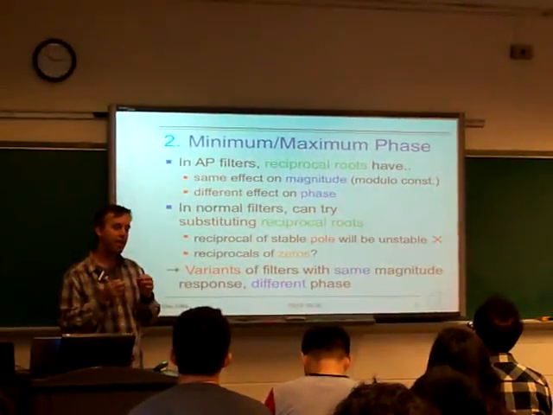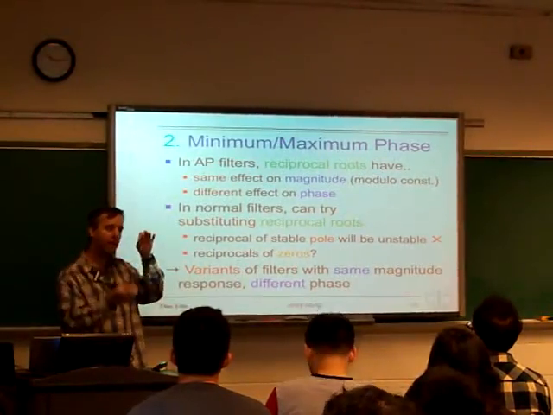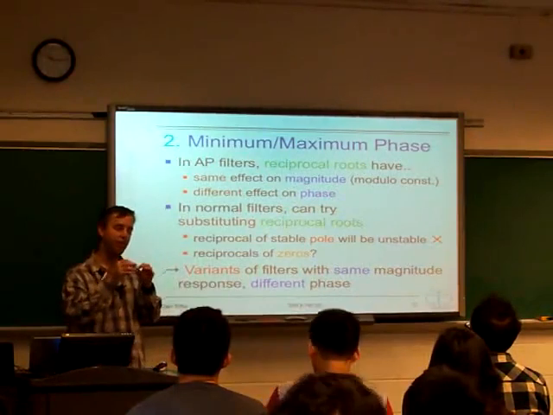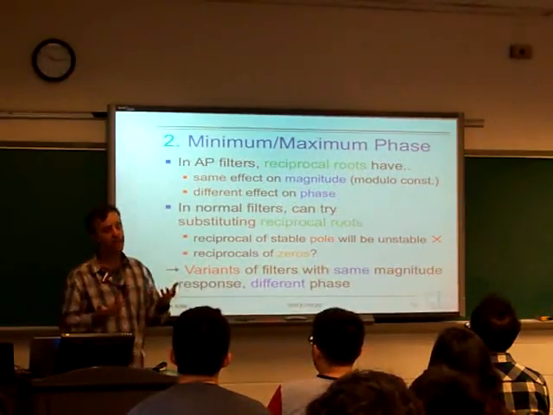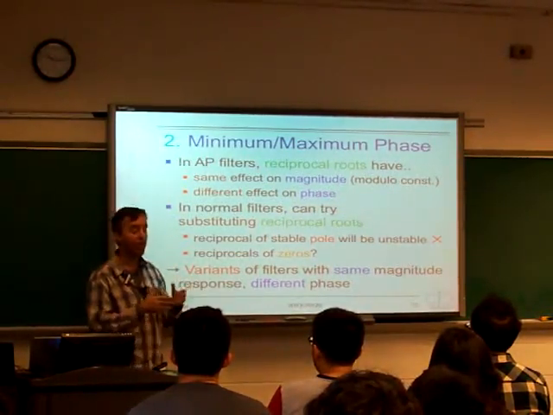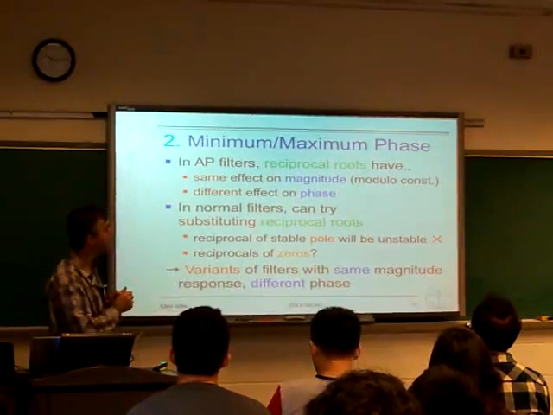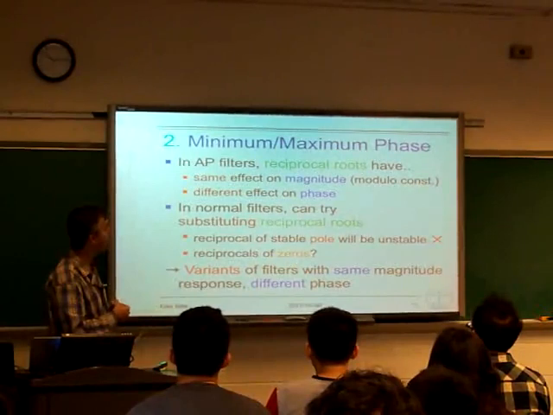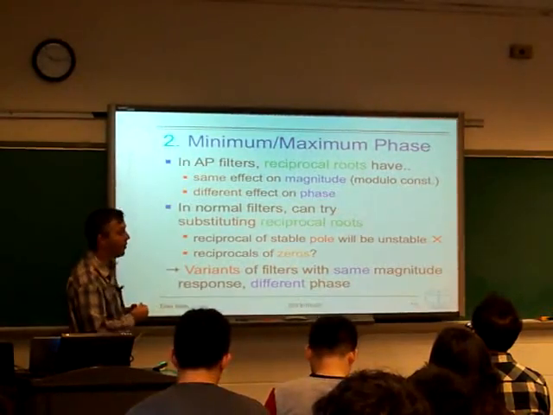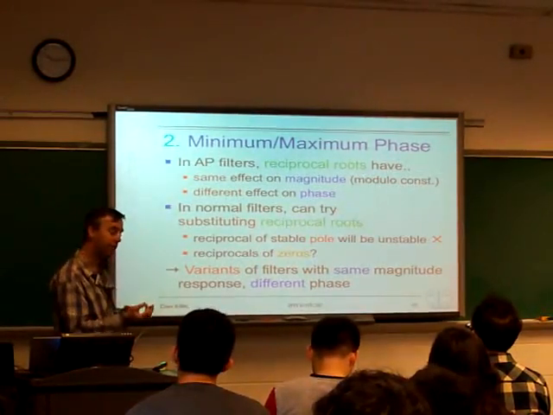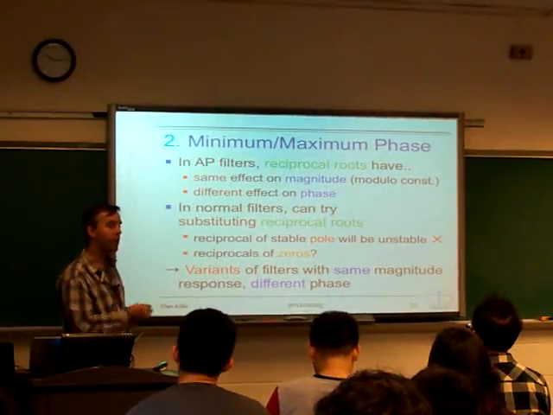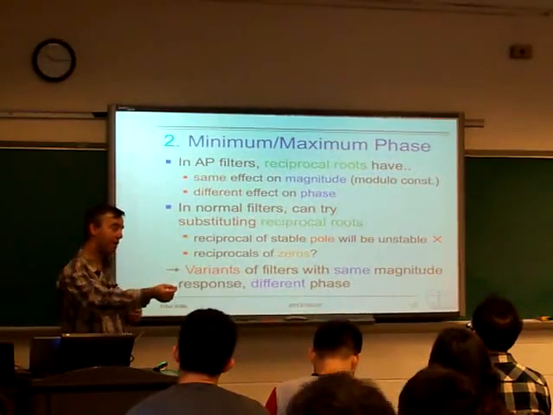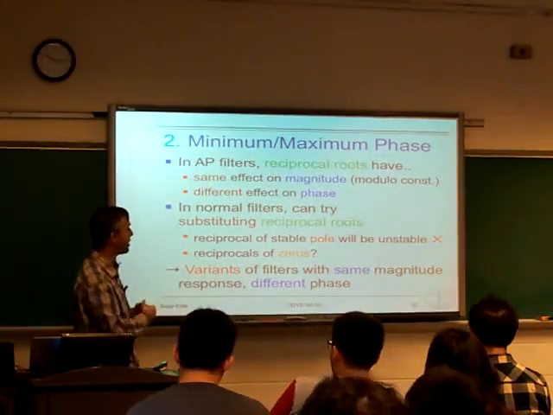And so that's because it turns out that the influence on the Z-transform of these reciprocal poles is, in that case, complementary, but in general, it's equivalent at some level. So the idea of a minimum and maximum phase filter is that you take a root in one system, you replace it with its reciprocal, meaning you just take it and move it outside the unit circle or back inside the unit circle.